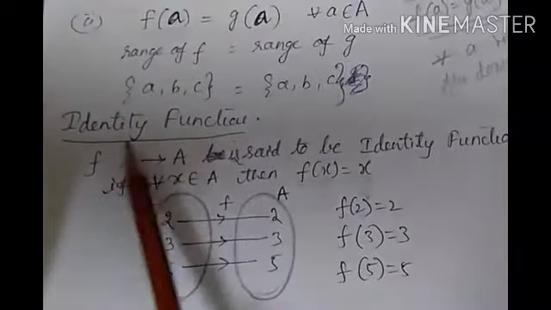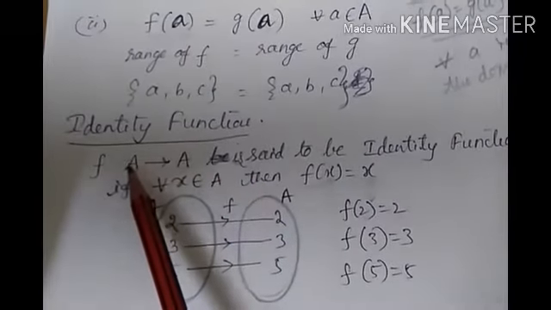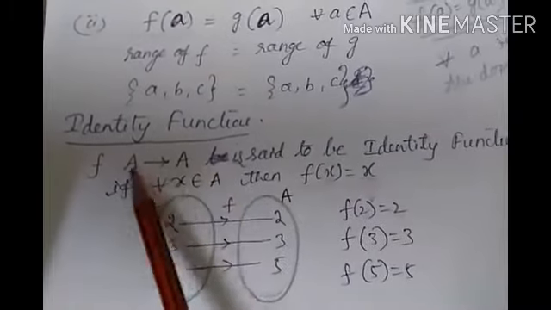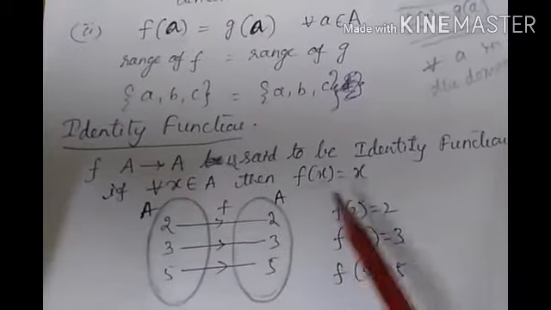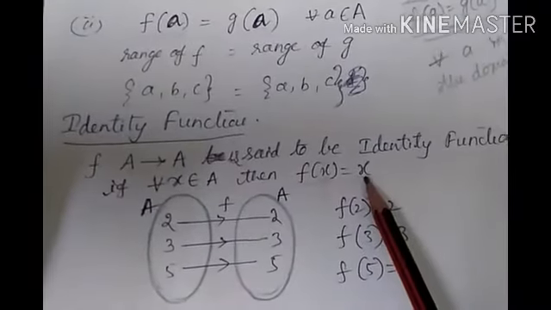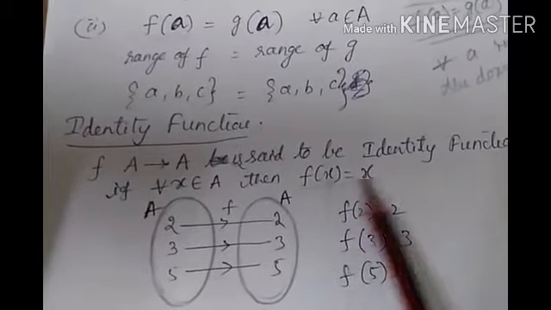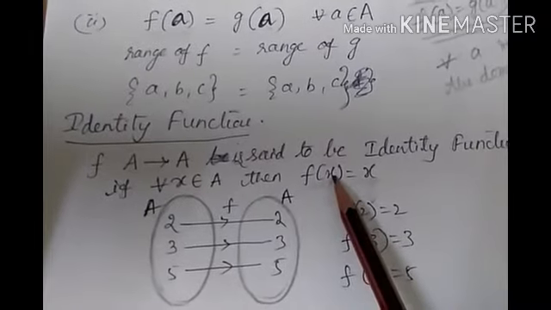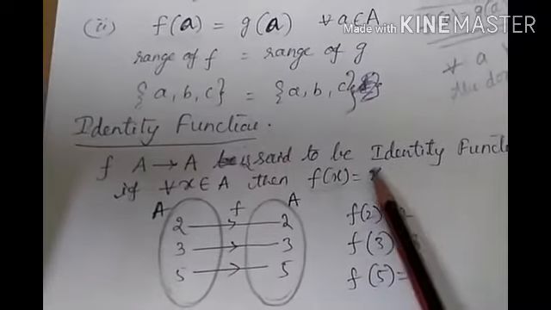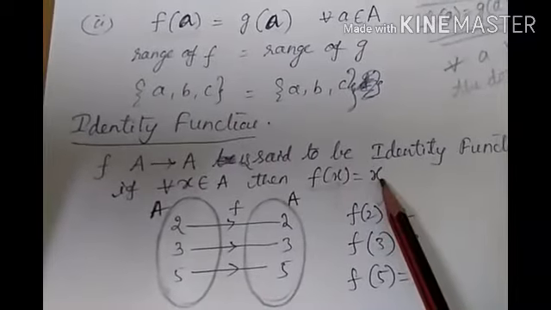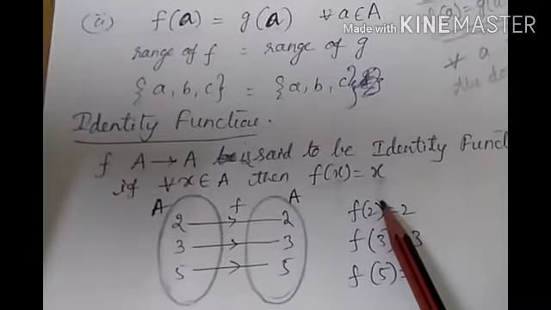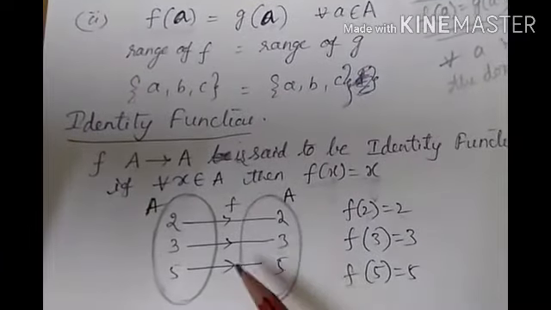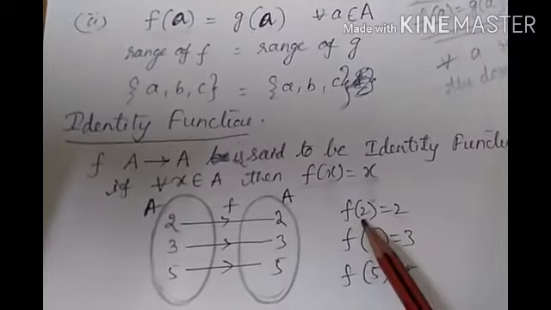If you want to define an identity function, then the domain and codomain must be the same, and f(x) is equal to x. What is the meaning of f(x) = x? Here I have taken x as input and got the same x value as output.